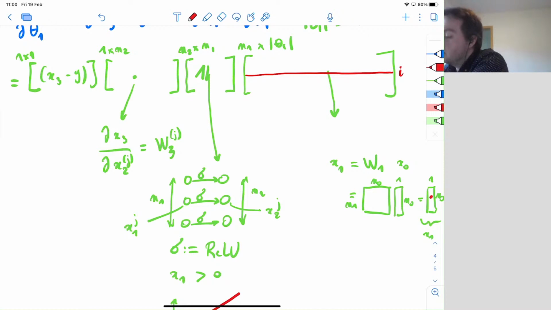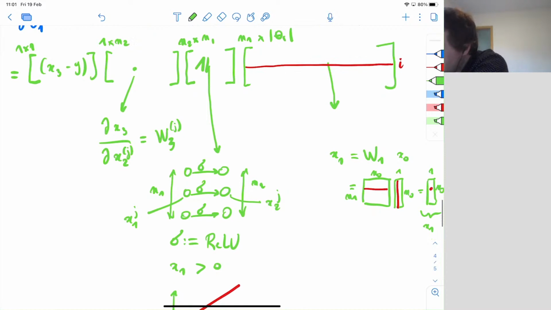And how is this computed? It's computed as the dot product of these elements with this element. So what we have is something very similar to the previous case.